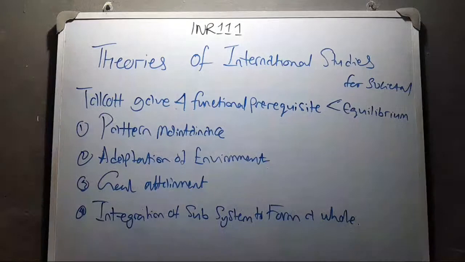So these are the four prerequisites Talcott gave in order to strike a balance in the society. So we have that as that.